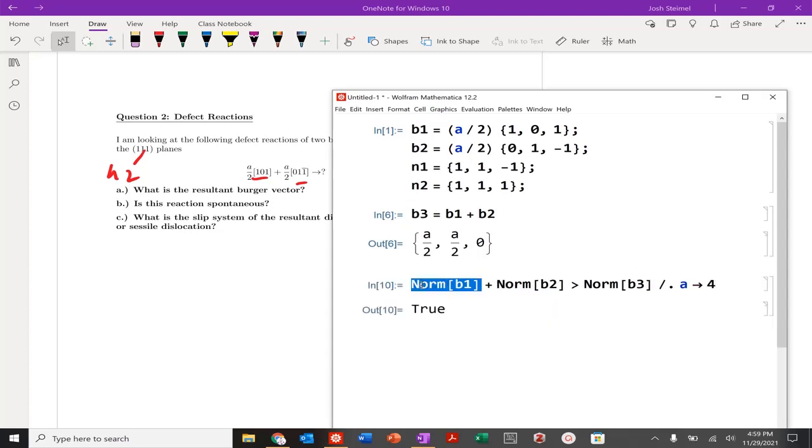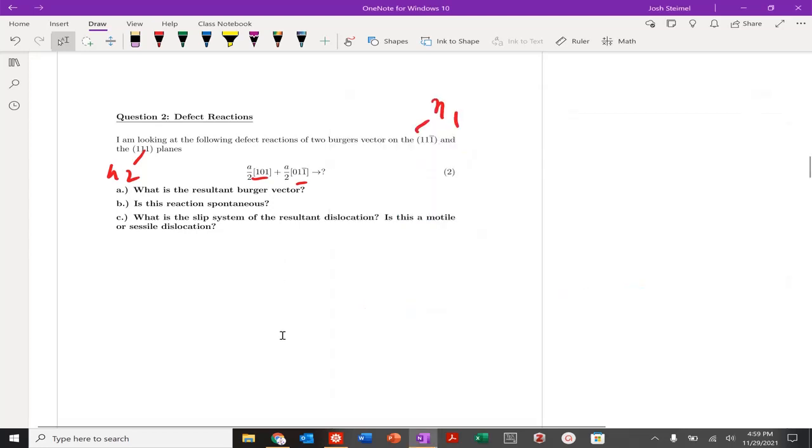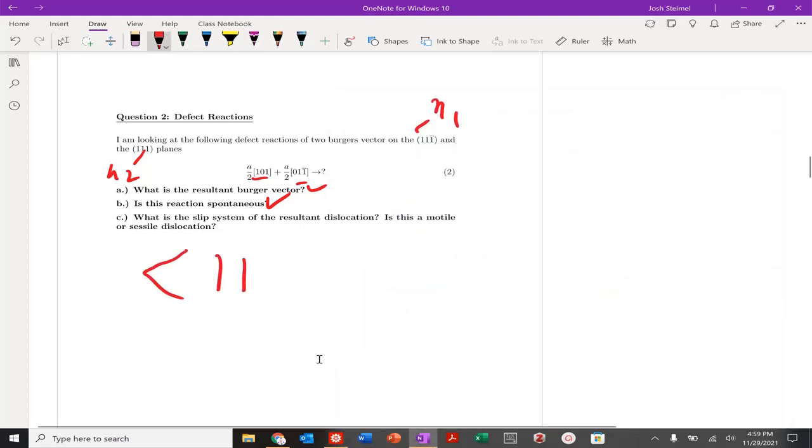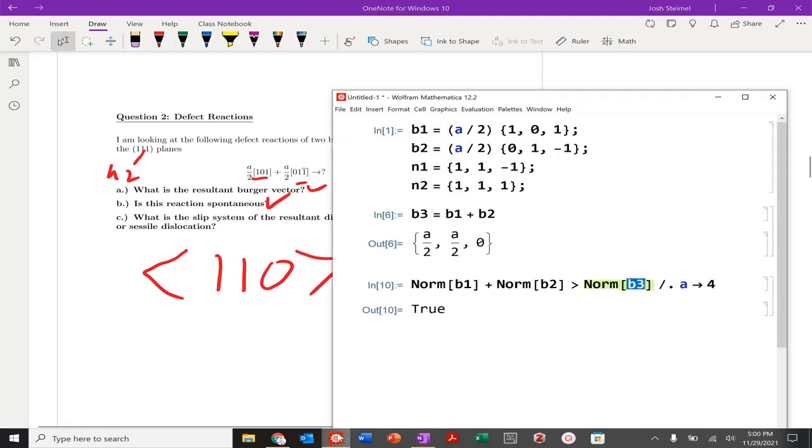Yes. So the sum of our reactants is greater than that, so that reaction is spontaneous. Excellent. So we found the resultant Burgers vector, and it's a spontaneous reaction. What's the slip system? Looking at this value, my direction is 1, 1, 0. So that's within that plane because you factor out that a over 2.